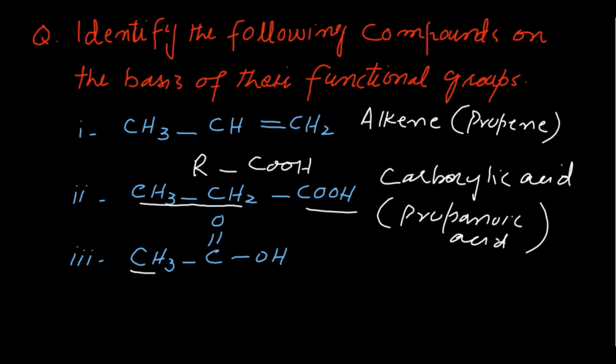Now the next compound which is given, CH3, C double bond O, OH. Right, students? If we write the general formula, this is R and this is COOH. Again it is carboxylic acid. The functional group of this compound is carboxylic acid.